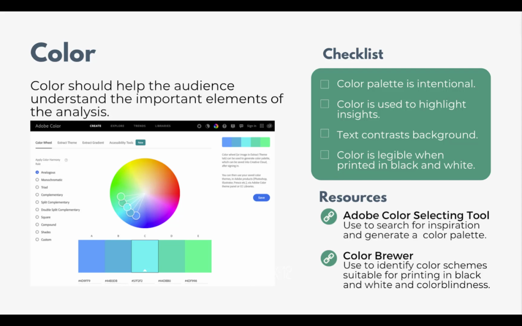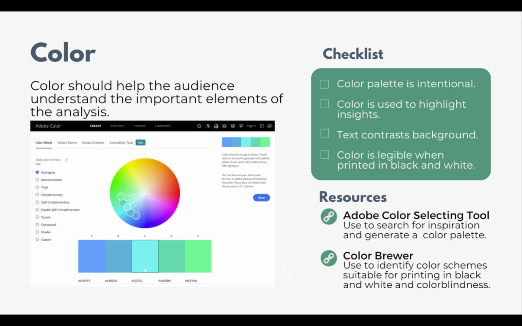The first, as we highlighted earlier, is that color is really important and should help your audience understand the important elements of analysis. So we want to make sure that we're intentionally choosing our colors, whether those be the brand colors for your district or colors that you always associate with different performance levels on a test.